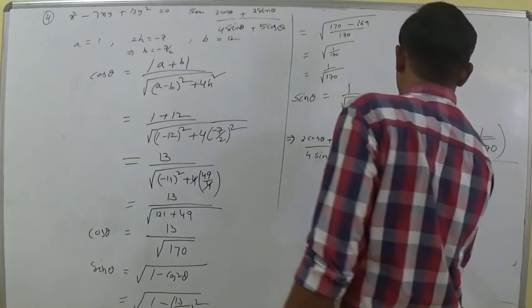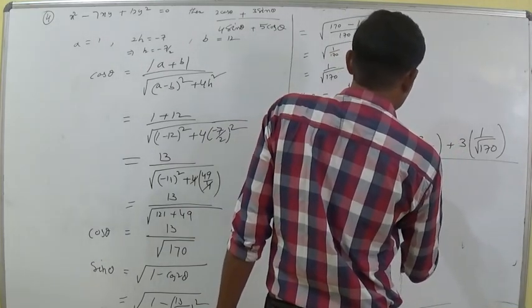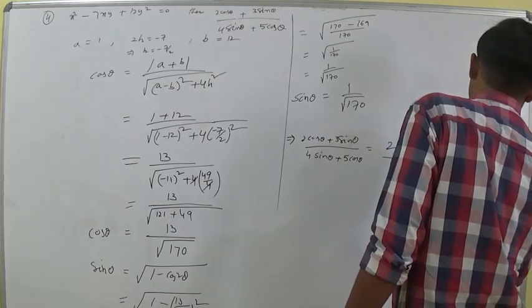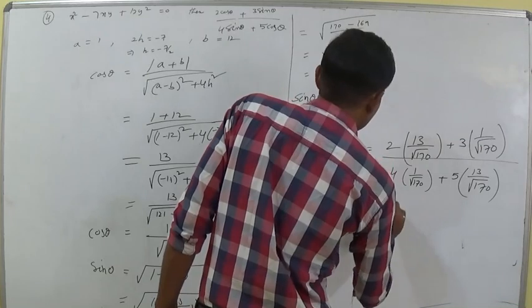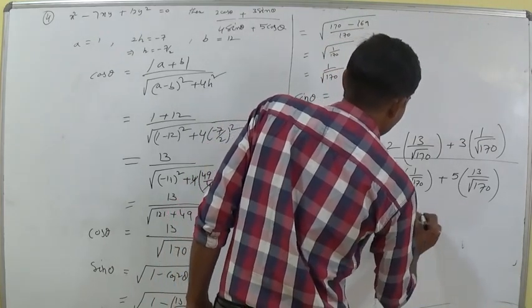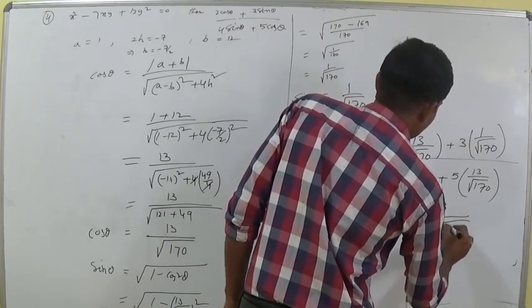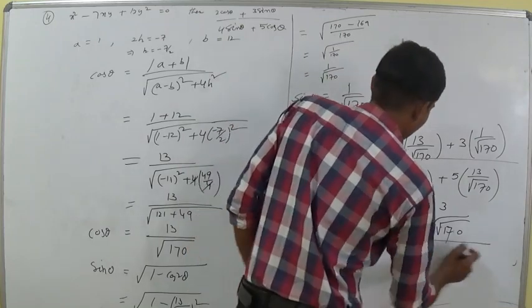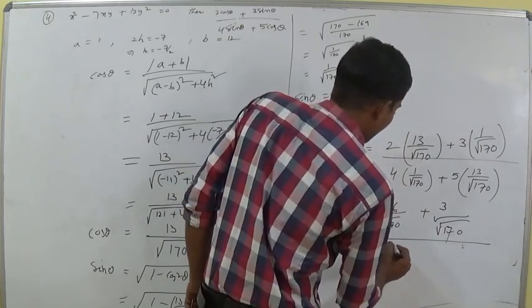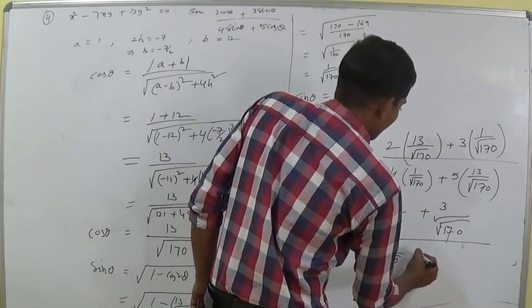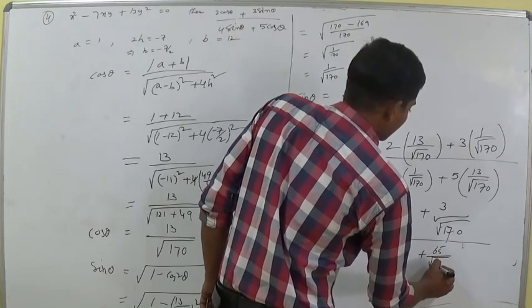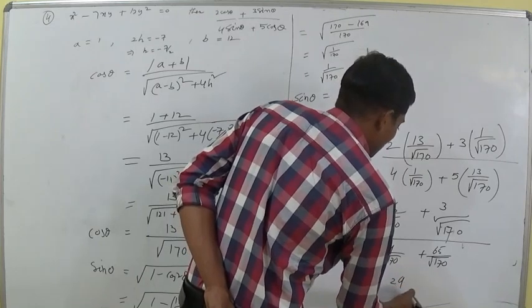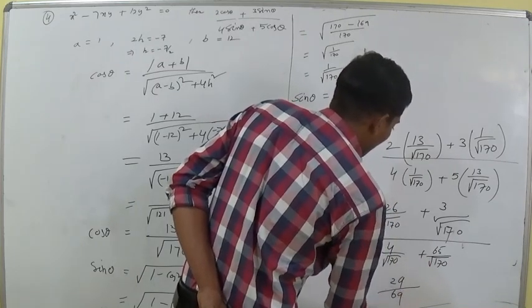by 4 into 1 by root 170 plus 5 into cos theta, 13 by root 170, which is equal to 26 by root 170 plus 3 by root 170, by 4 by root 170 plus 65 by root 170, which is equal to 29 by 69.